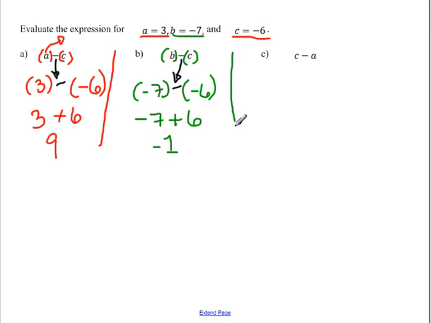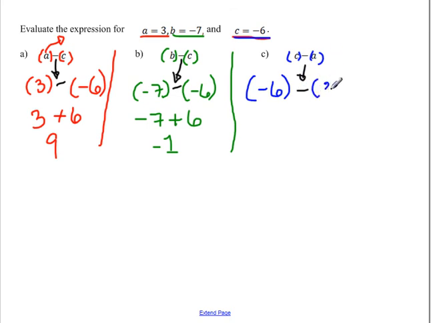And then in this last problem, c minus a. So let's be real careful in the order that we're doing things. c minus a. c is still -6. So there's -6. And we're still doing subtraction, so we want to be sure we bring that minus sign down. And a, remember, was 3.